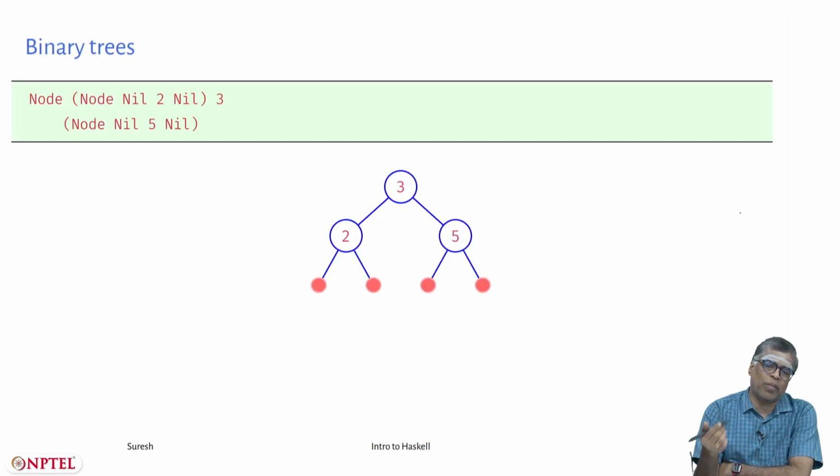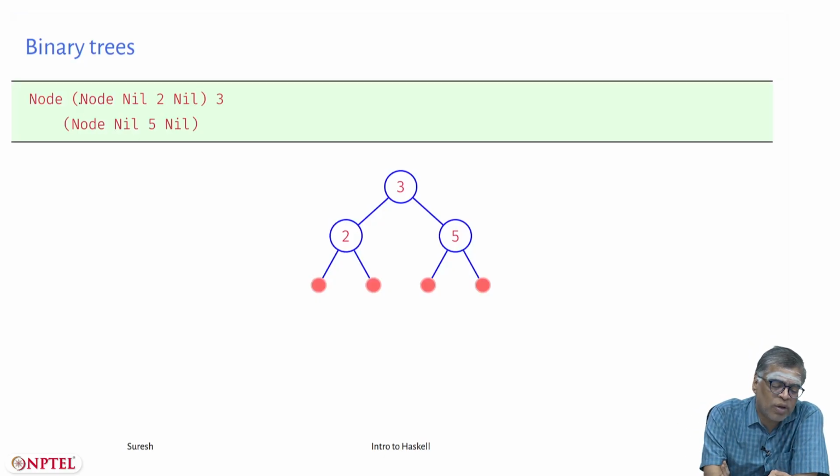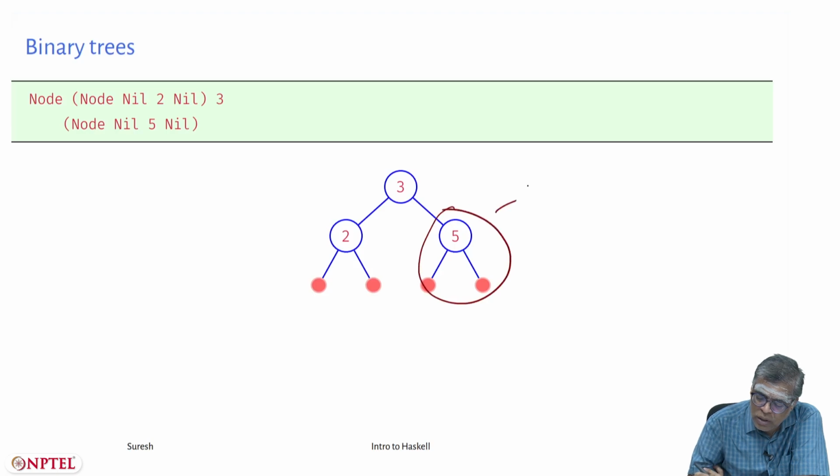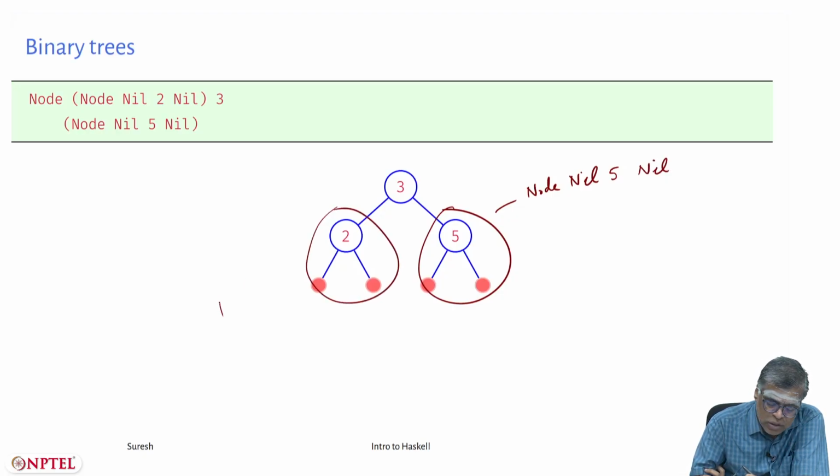Here are a few example binary trees, and here is how you would represent them in Haskell. Node of node nil 2 nil, 3, node nil 5 nil. So this part is node nil 5 nil. This part is node nil 2 nil. Let's call this TL and this TR.